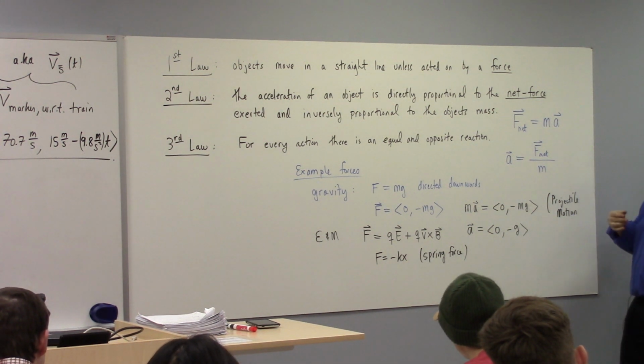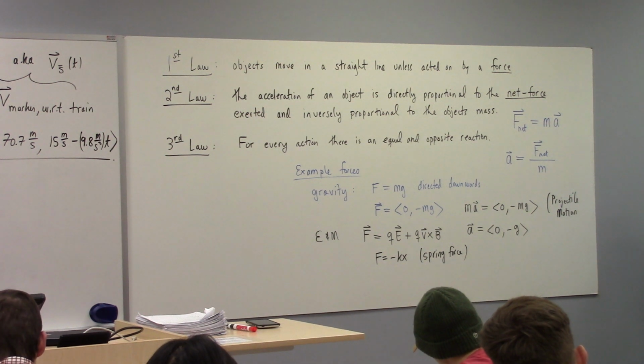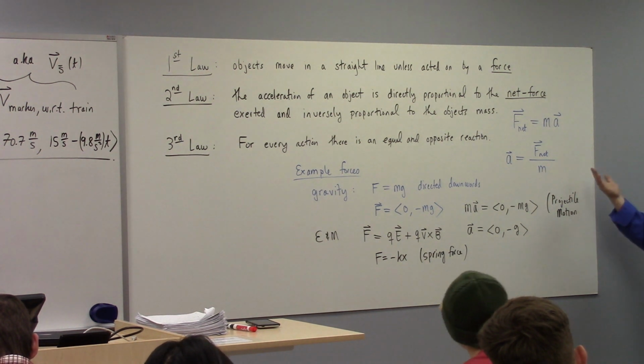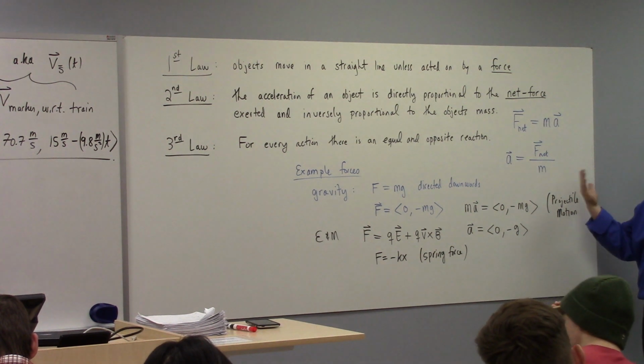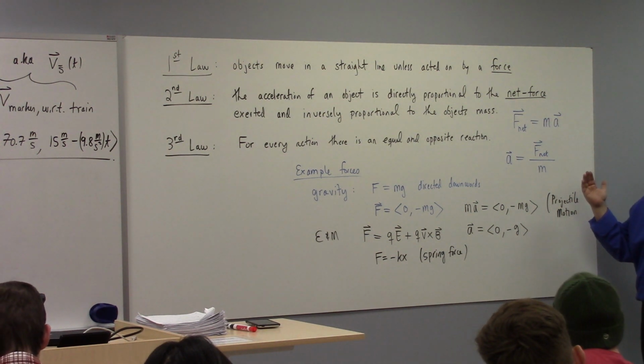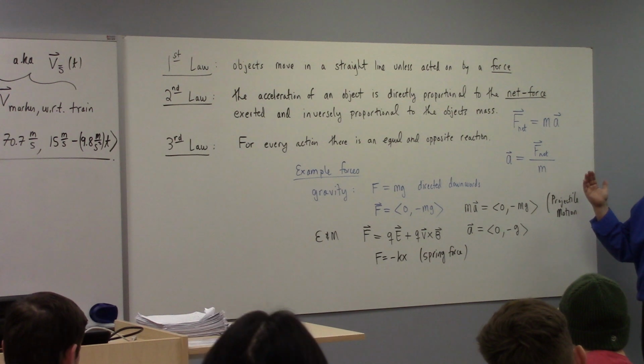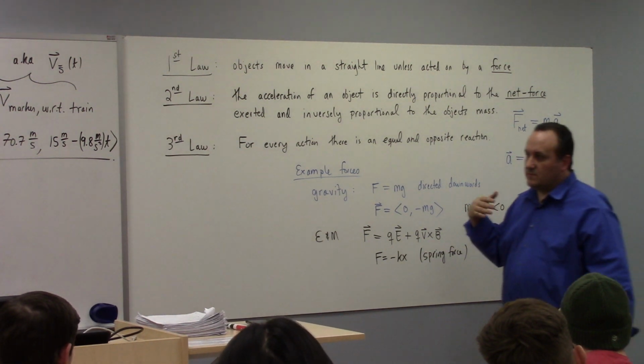So, all right, that's Newton's second law. Now, here's the thing. Basically we're going to say that we can tell if there's a force by there being an acceleration, right? So what happens if the acceleration is 0?